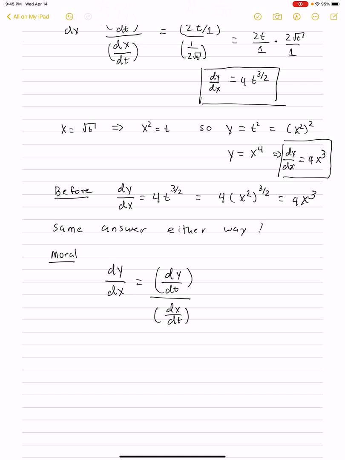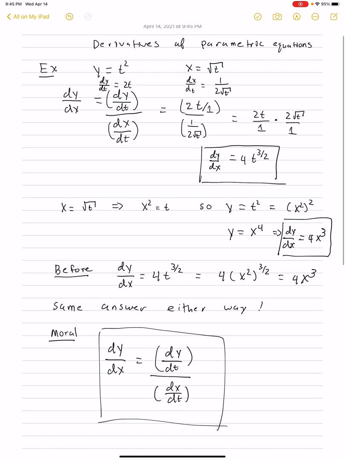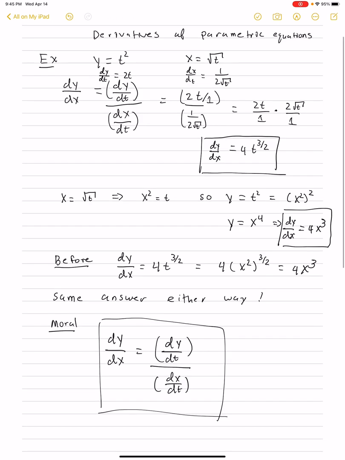And one question is, why would I ever use this formula if I can have y in terms of x? Well, that's just the point. It's not every day that a parametric curve is expressible as y in terms of x. It's not always easy to solve. So just keep that in mind.